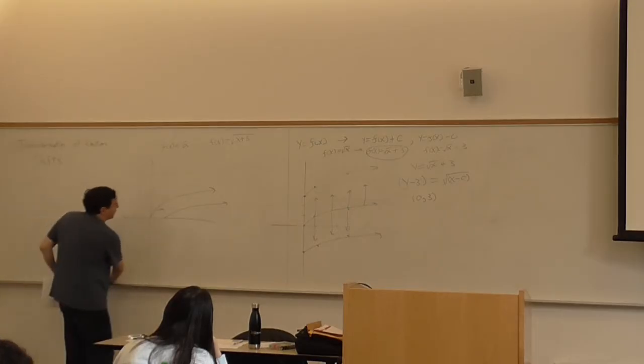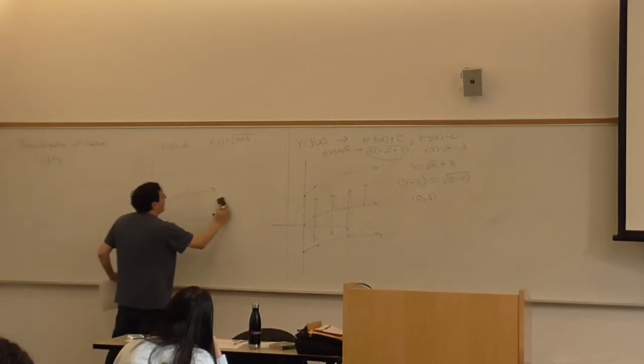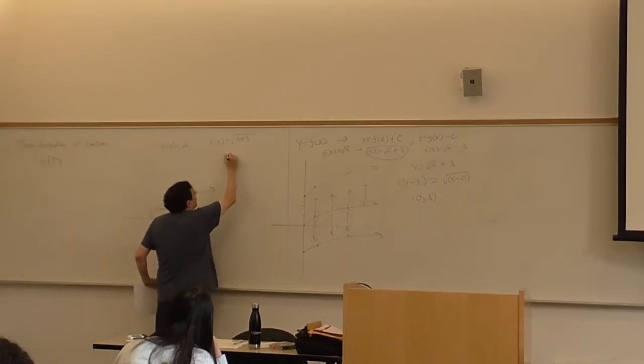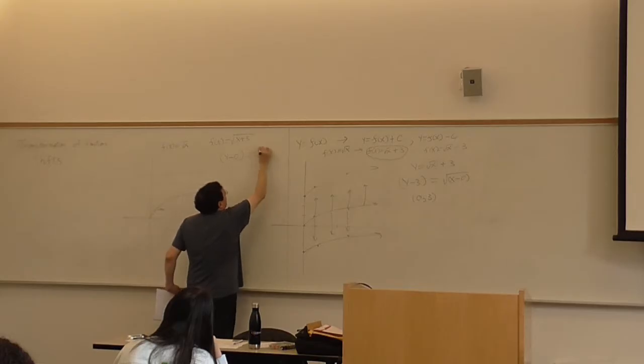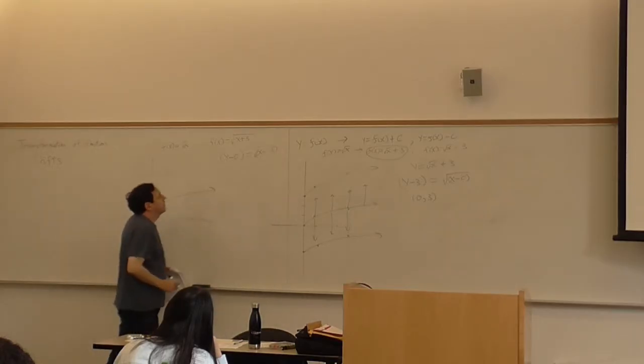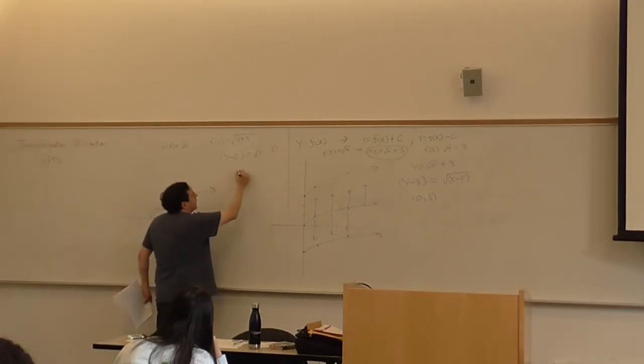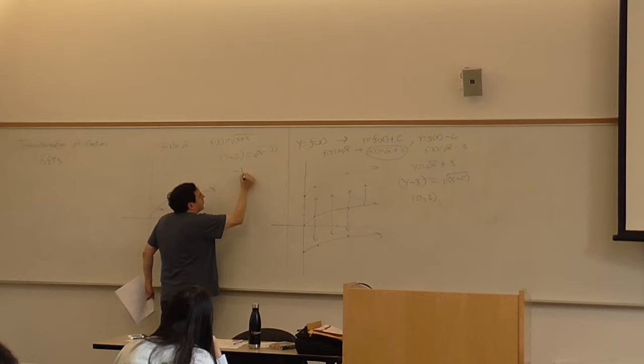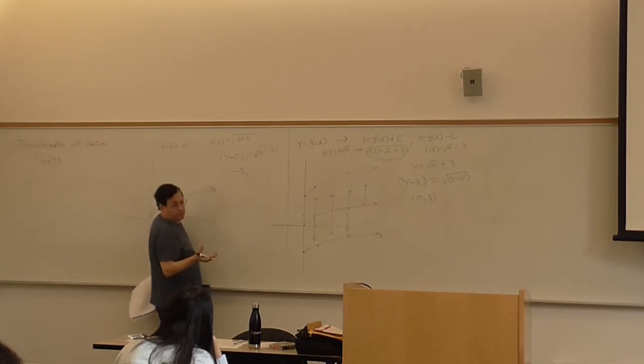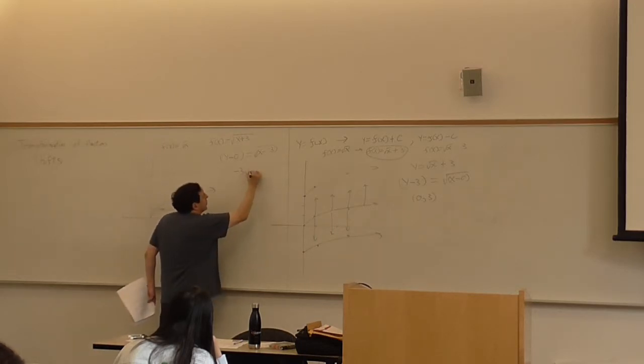I want you to instead think of this as y minus 0 equals square root of x minus a minus 3. The center of my circle, if it were a circle, is going to move minus 3, 0, the numbers I'm subtracting.